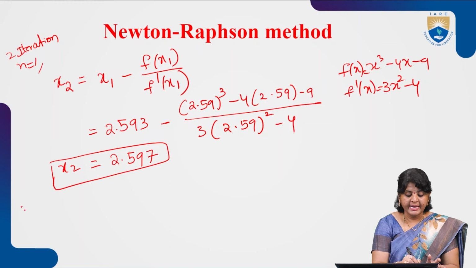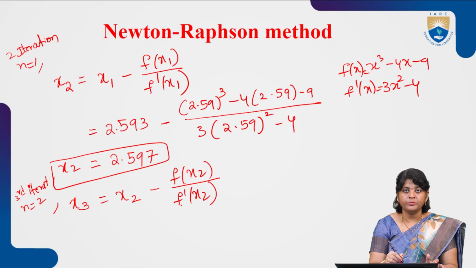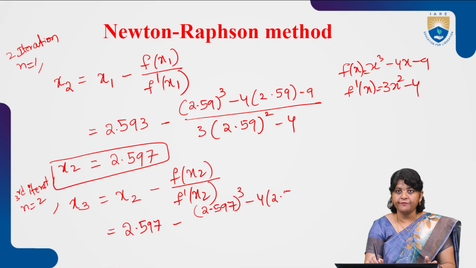So now n is equal to 2. That is third iteration. When n is equal to 2, I will get x3 is equal to x2 minus f of x2 by f dash of x2. So which is equal to 2.597 minus, substitute in the function, 2.597 whole cube minus 4 into 2.597.